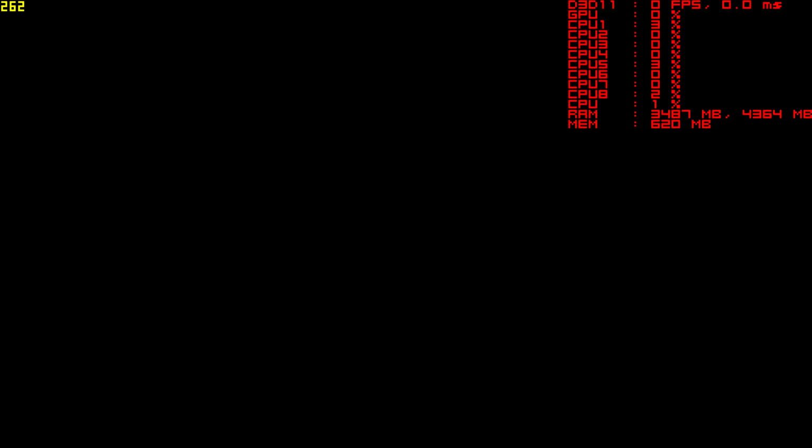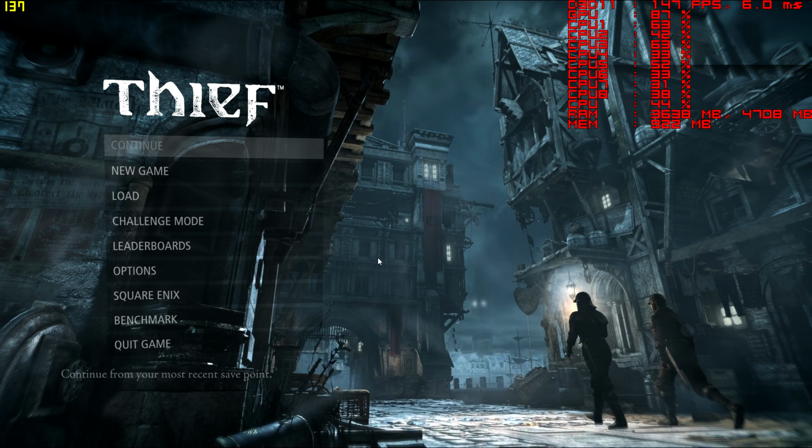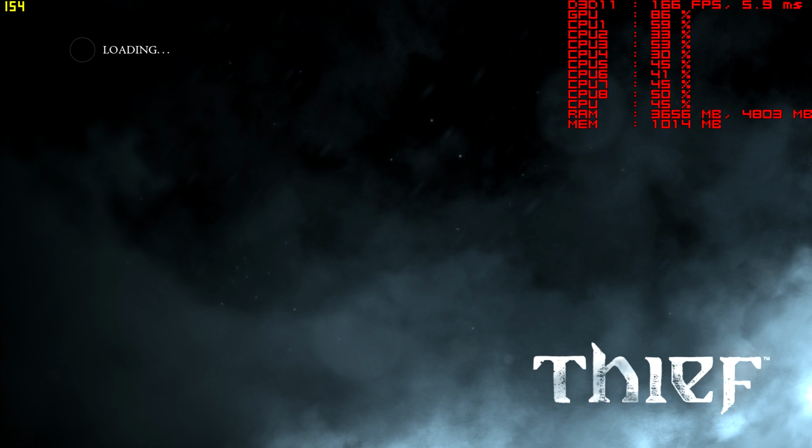So if you take this out of the way, the game becomes even more CPU limited, so it will highlight a little better the performance difference of the two systems. Okay, let's jump straight to the benchmark.